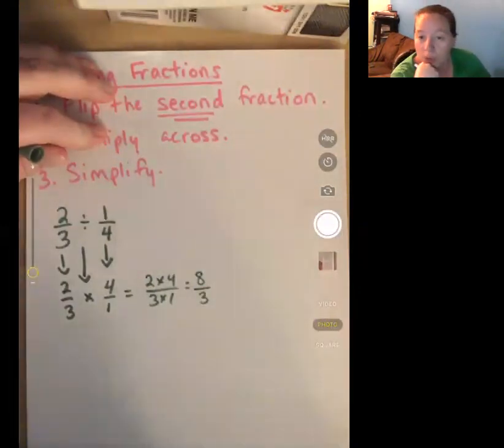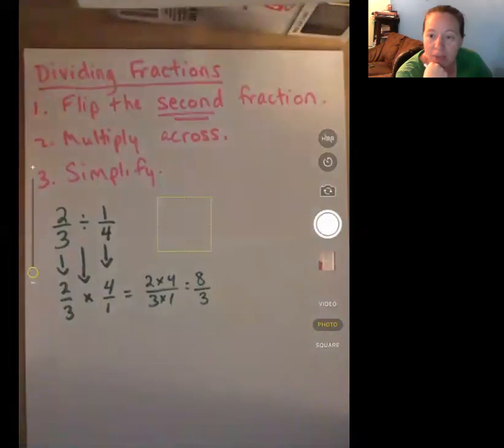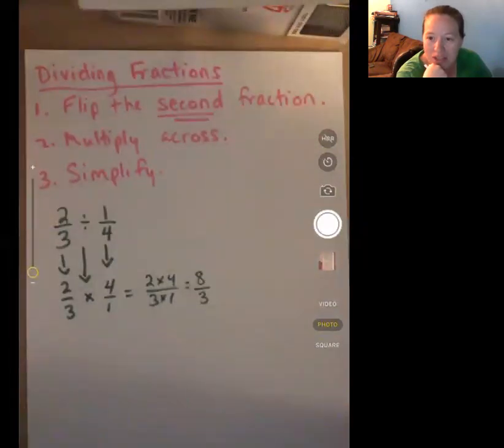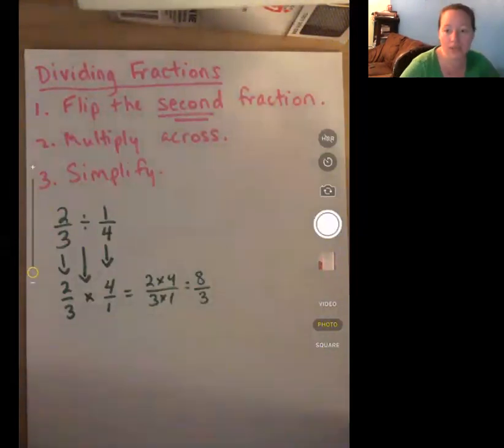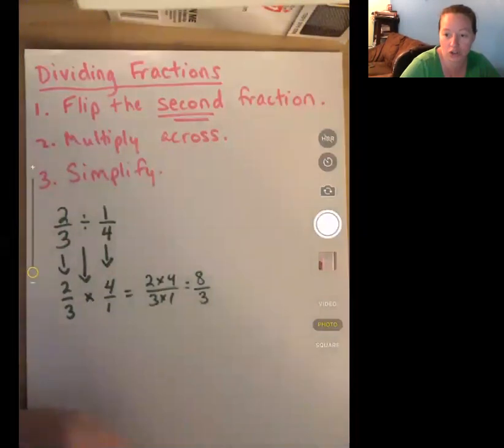Now, if you were paying attention in multiplying fractions, you almost never ended up with a fraction that was larger than 1. You almost never ended up with an improper fraction. When you divide fractions, you will end up with an improper fraction a lot. So this is a case in point. I have 8/3.